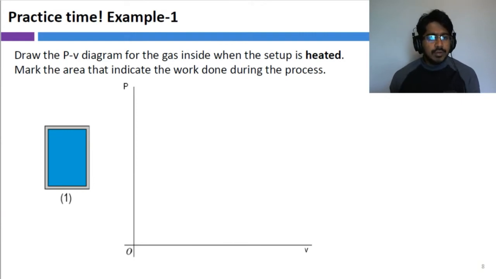Draw the PV diagram for the gas inside when the setup is heated, and mark the work done during the process using the area. First try to draw the PV diagram for this one when the setup is heated. Take 2-3 minutes, maybe 2 minutes to think about this one.